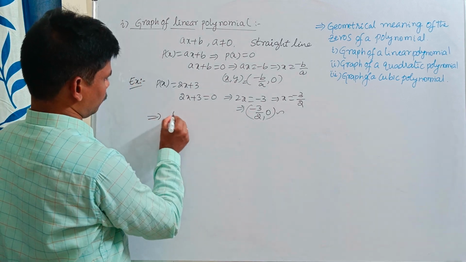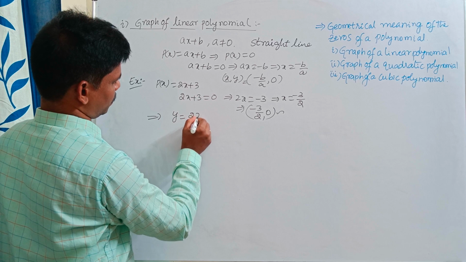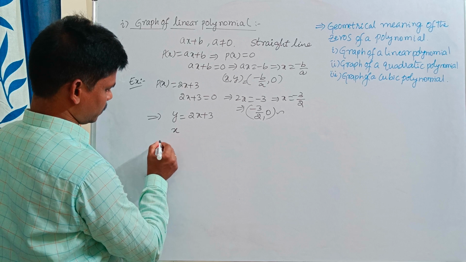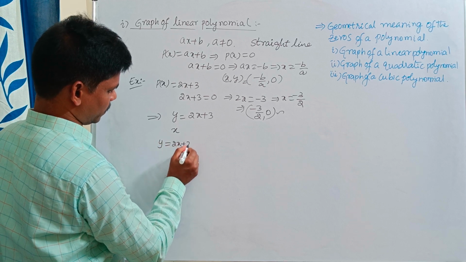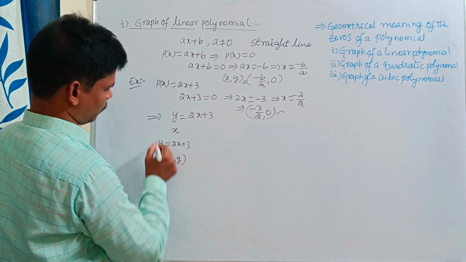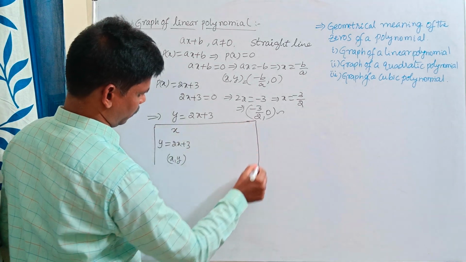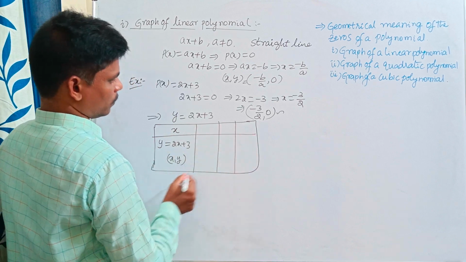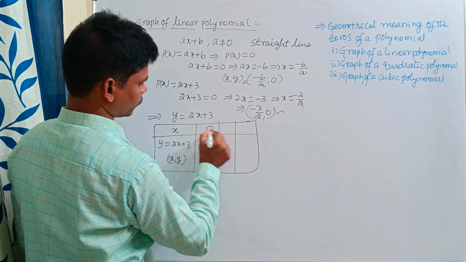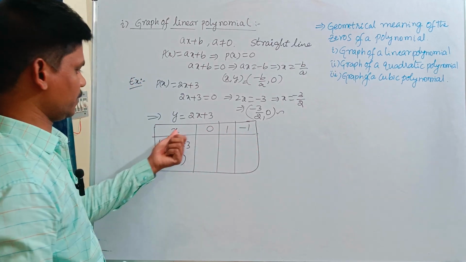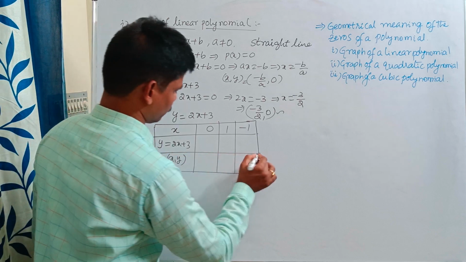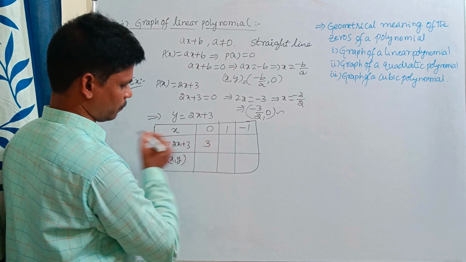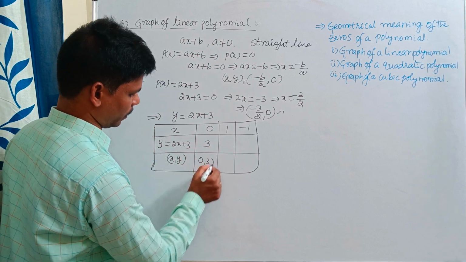Take y is equal to 2x plus 3 for this polynomial, and take the x and y values. I consider the x values 0, 1, and minus 1. Substituting x is equal to 0, y is equal to 3, so the point is 0 comma 3.